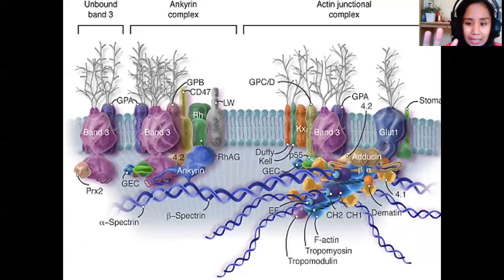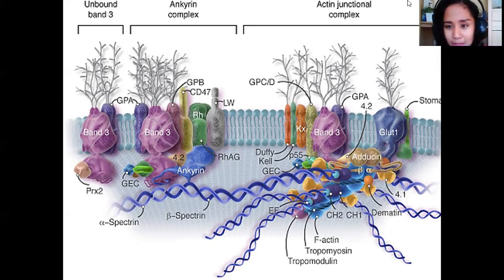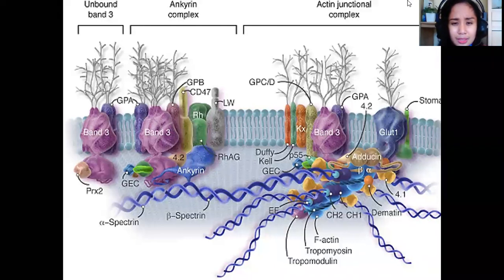So class, maganda tong image na to. This is an elevated form of your red blood cell membrane. So hindi siya nakaka-overwhelm. If you're going to look at this one, if you notice guys, sobrang complicated, it's complicated, it's beautiful.